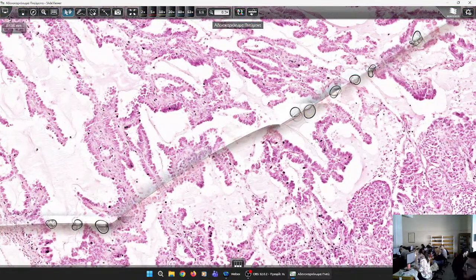Do they look like the glandular component that we previously saw in the well-differentiated component of the tumor? What do the empty spaces look like? They look like alveoli. So this is the lipidic pattern of growth. That means these are walls of the alveoli lined by malignant adenocarcinomatous cells.